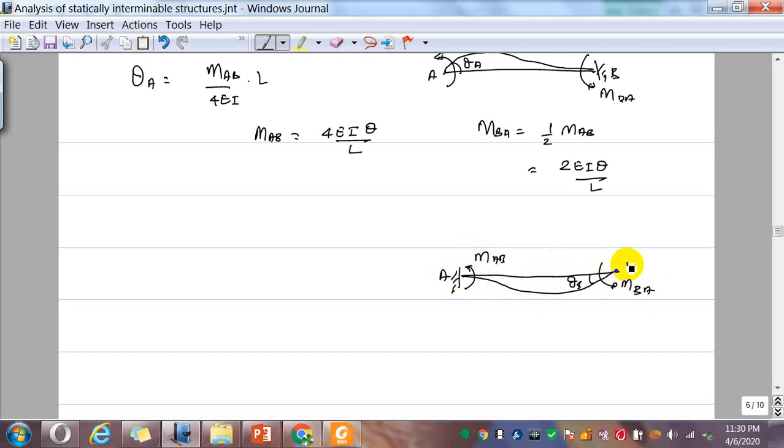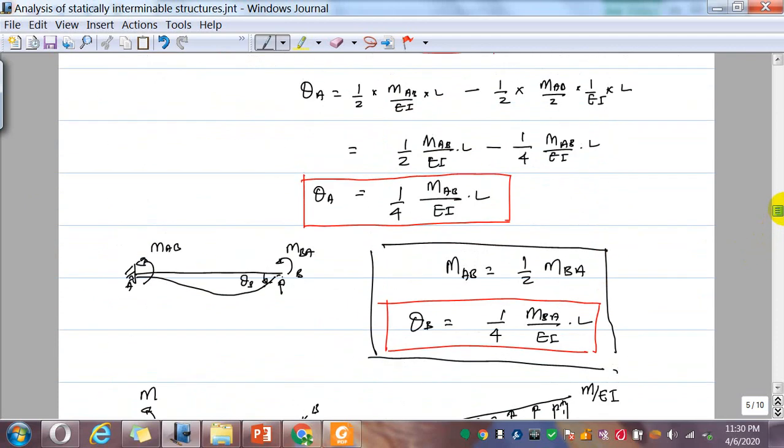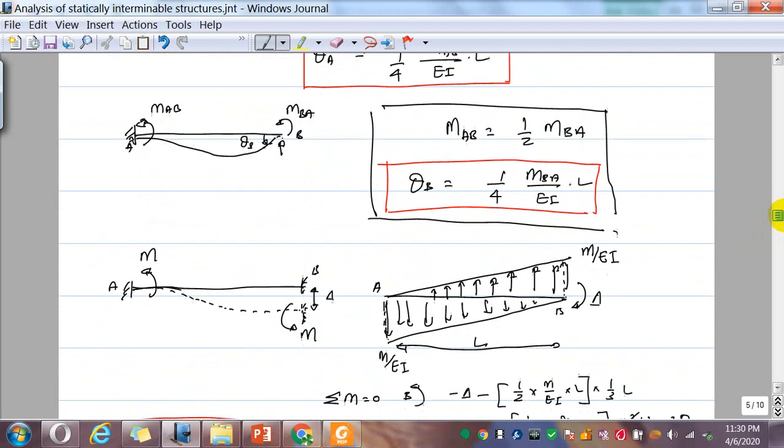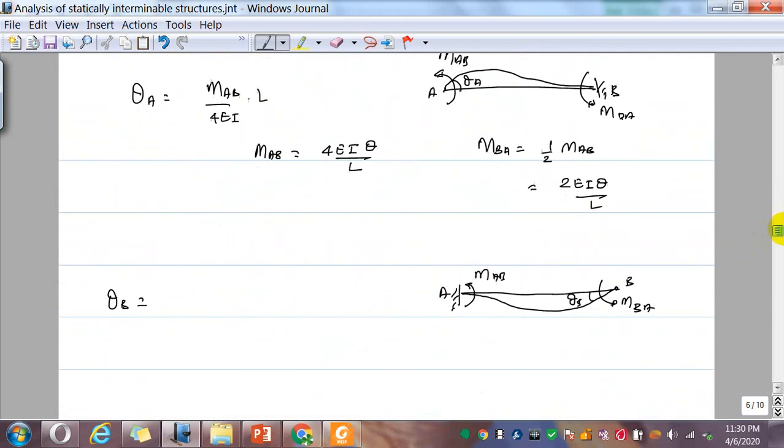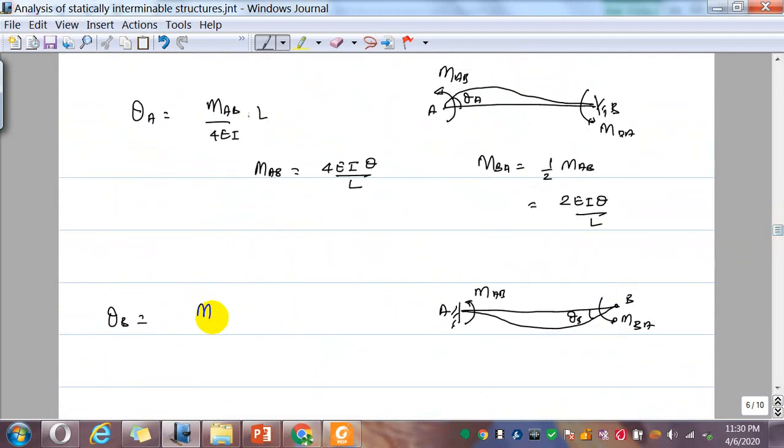In this case theta B is equal to MBA L over 4EI.